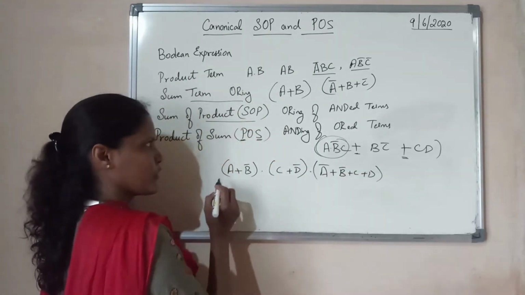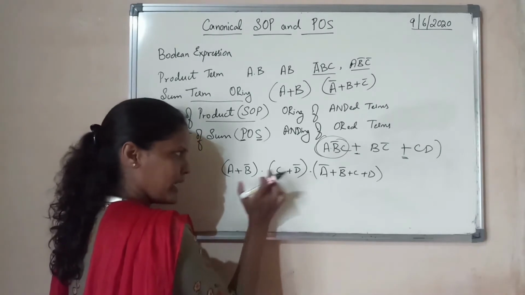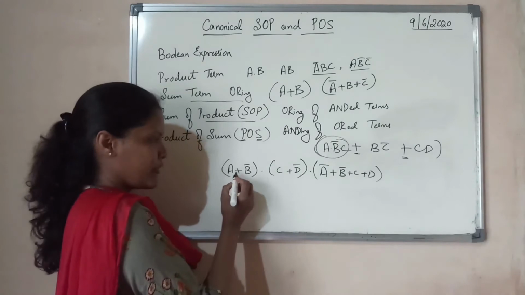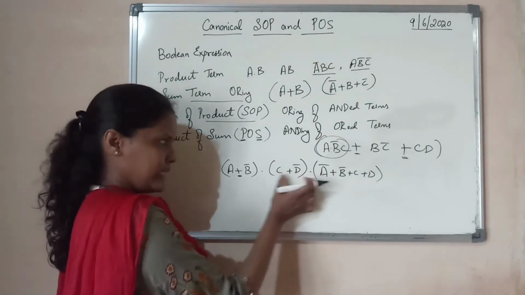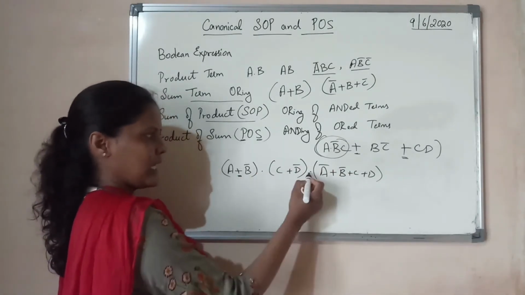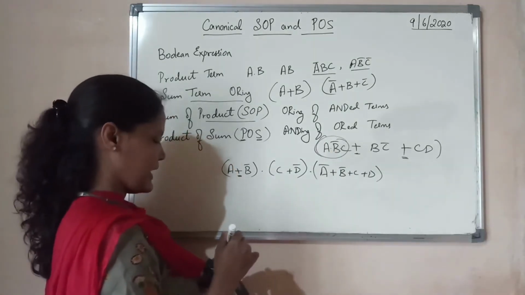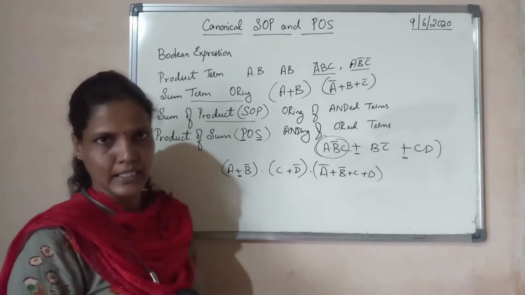This is the product of sum terms. Here the terms are OR terms and these OR terms have been ANDed. So the ANDing of OR terms itself is called product of sums, okay?